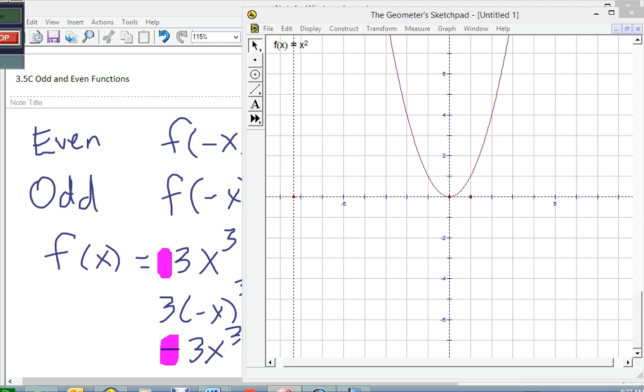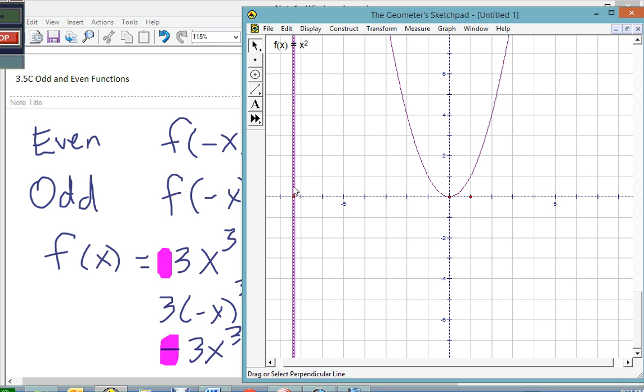So I want to look at what the graph of an even function looks like. So x squared, that's an even function, right? So that means if I plug in 1, I get 1. If I plug in negative 1, I have to get the same answer. If I plug in 2, I get 4. If I plug in negative 2, I get 4. So an even function has symmetry across the y-axis, right?